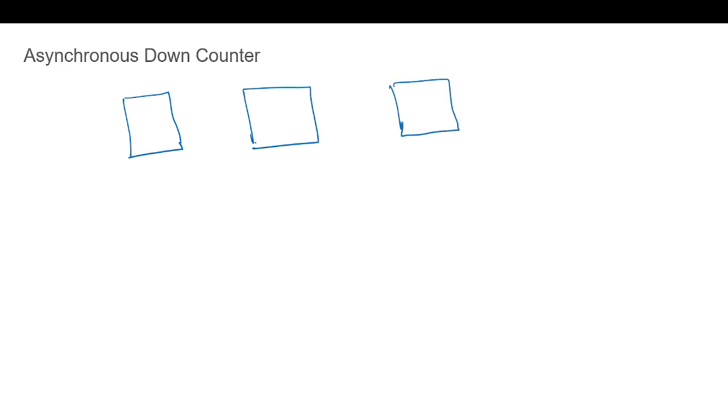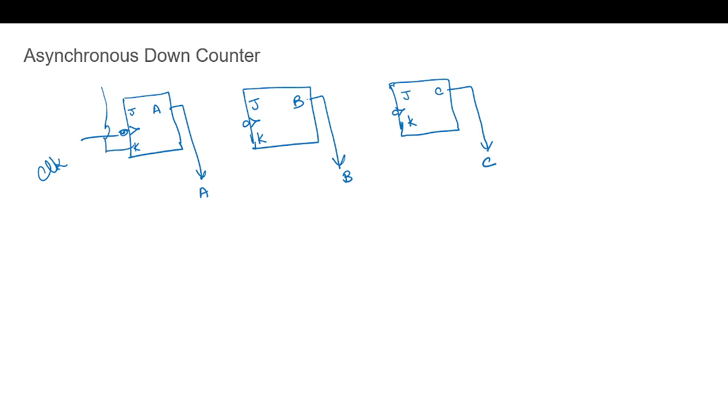Again, we will take 3 flip-flops and let's consider JK flip-flops, the same flip-flop with 3 outputs A, B, C. The first flip-flop will be triggered from the clock, and next we will operate all 3 flip-flops in toggle mode.